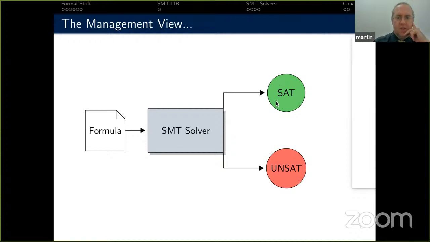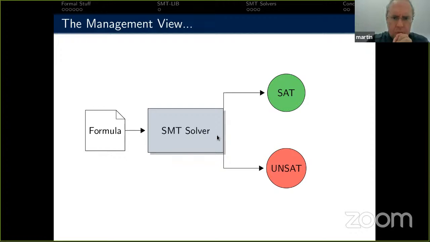It's either SAT, satisfiable, i.e. there's a way that all of these formulae together can be true, or it's unsat, so there is no set of values for any of the variables, no way of putting things together that has all of the formulae being true at the same time. So at the highest possible level, this is what we're interested in.